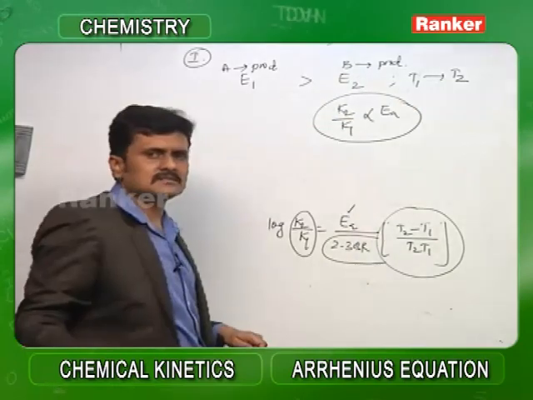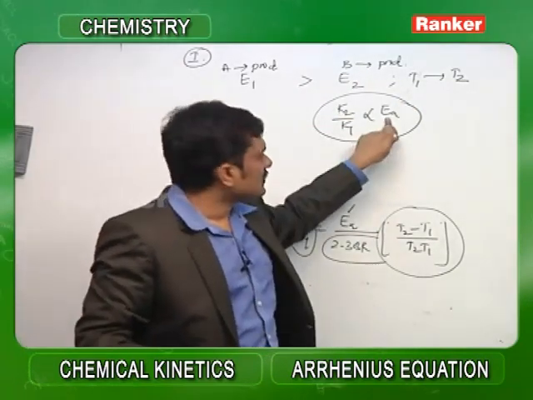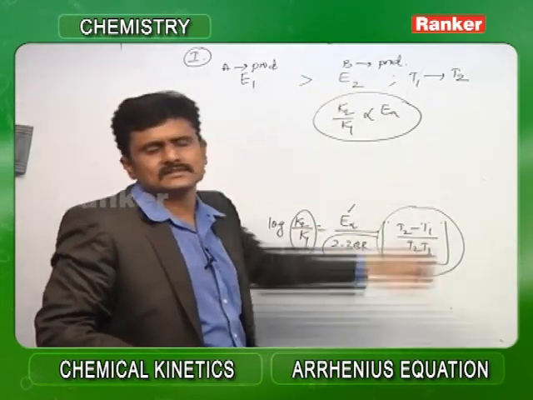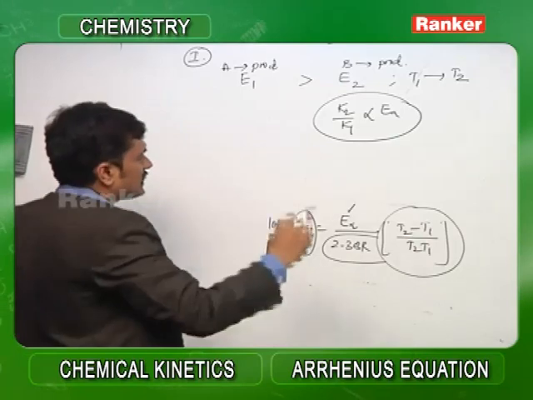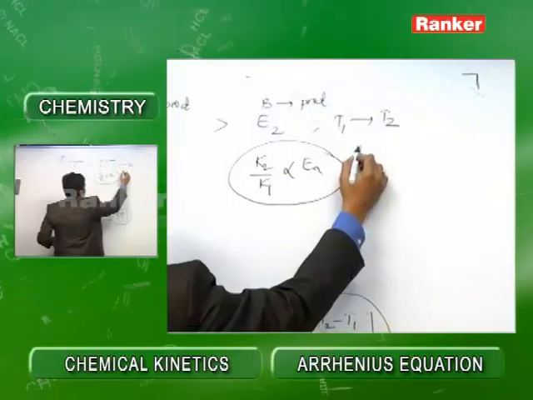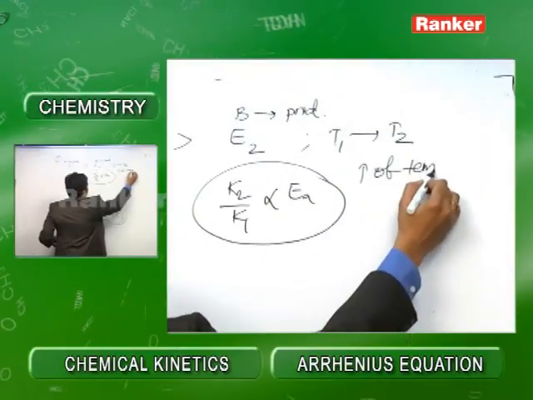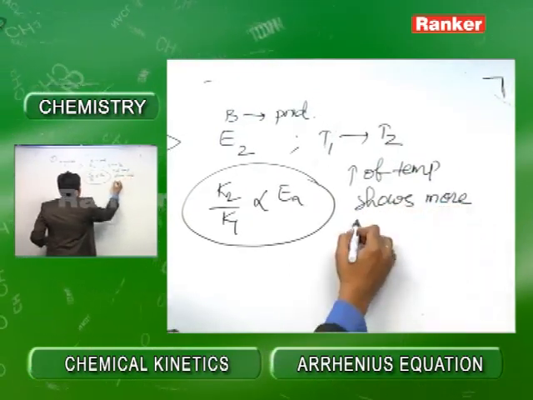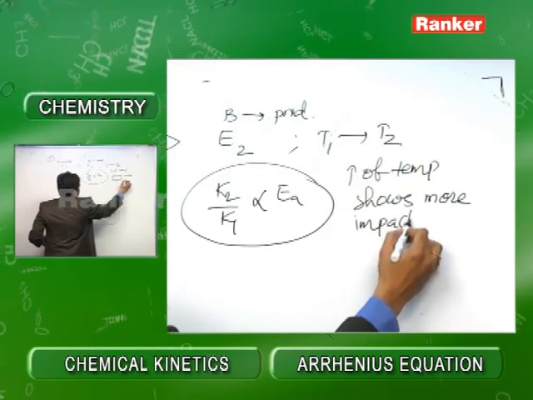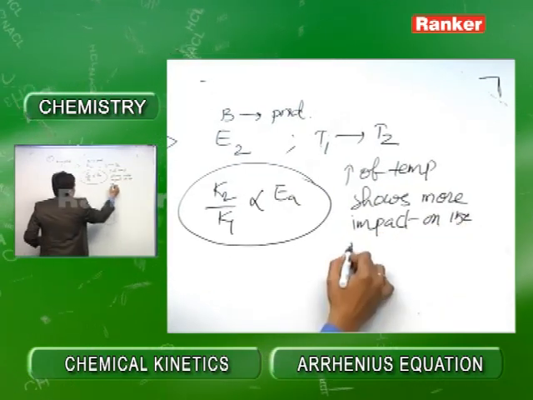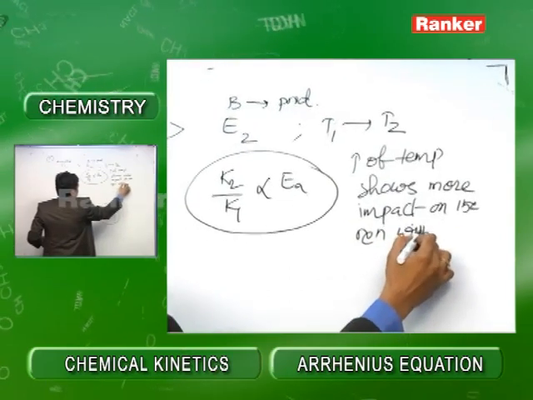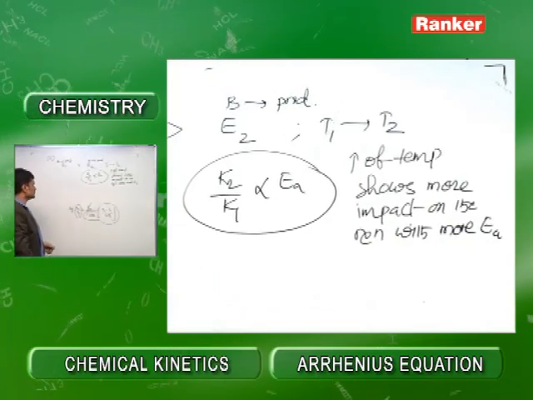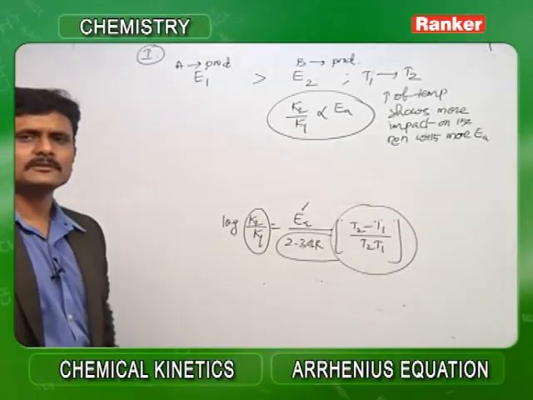So whichever reaction has a higher activation energy is going to have more impact of rising the temperature. So this point we have to understand: increase of temperature shows more impact on the reaction with more activation energy. This is one such important point to be noted.